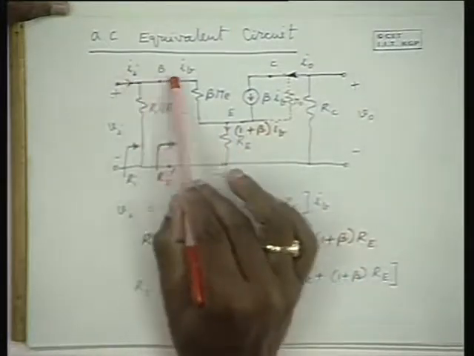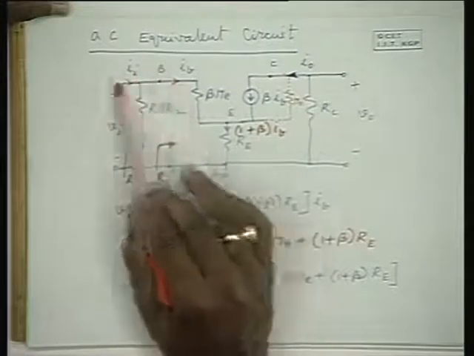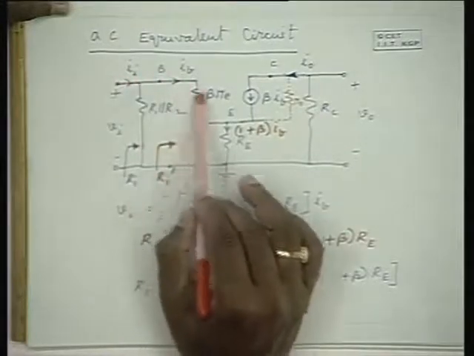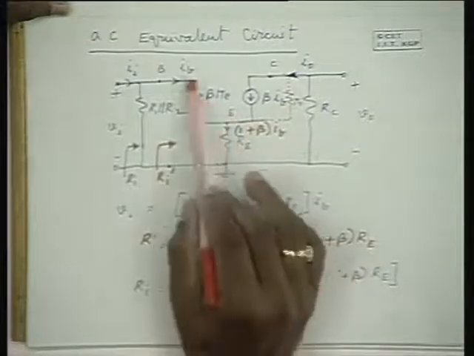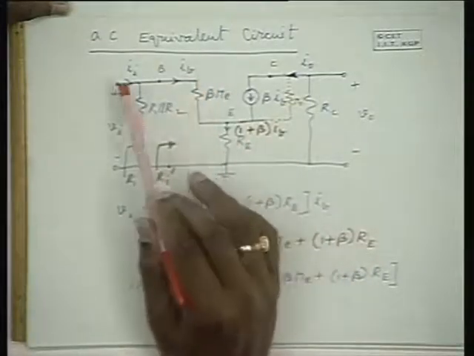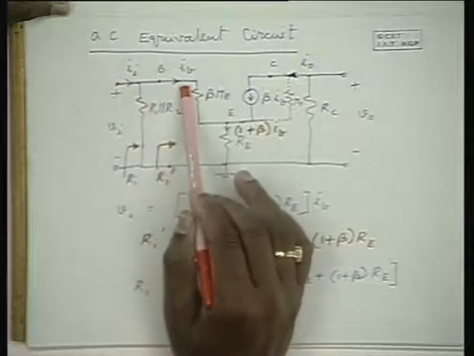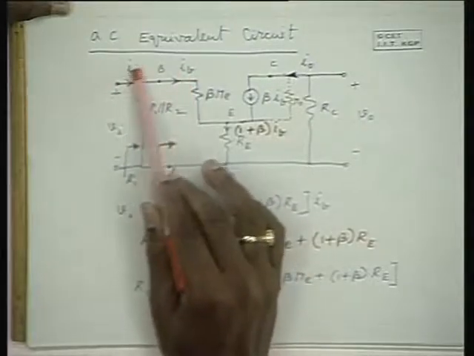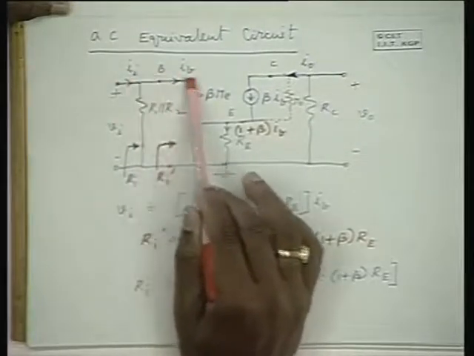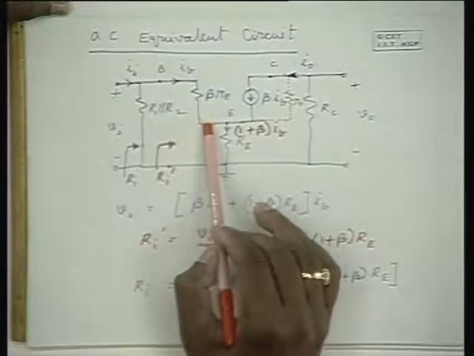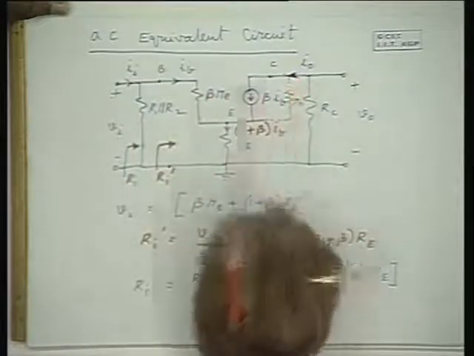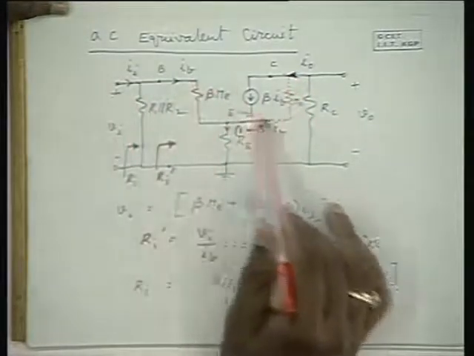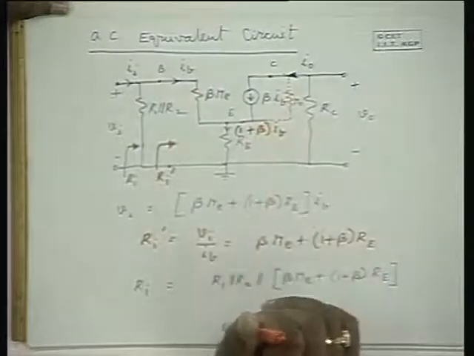Therefore, this current to this current ratio is almost unity, because this is a very small resistance, and the current division is such that almost this entire current flows into the base. Hence, this ratio is almost unity. Hence, the output current to input current ratio is almost equal to beta.